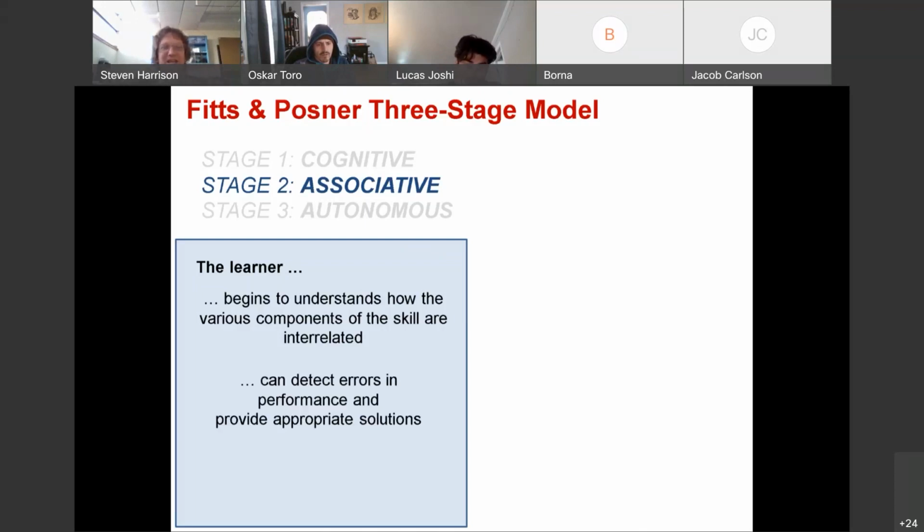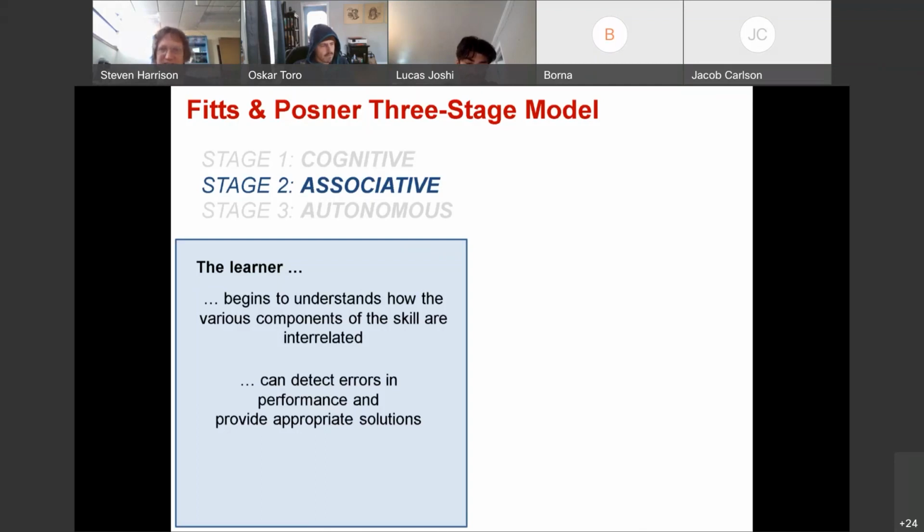And in this stage, you begin to detect errors in performance, and you begin to develop appropriate solutions to that. So something like proprioception, like Bonner was talking about.